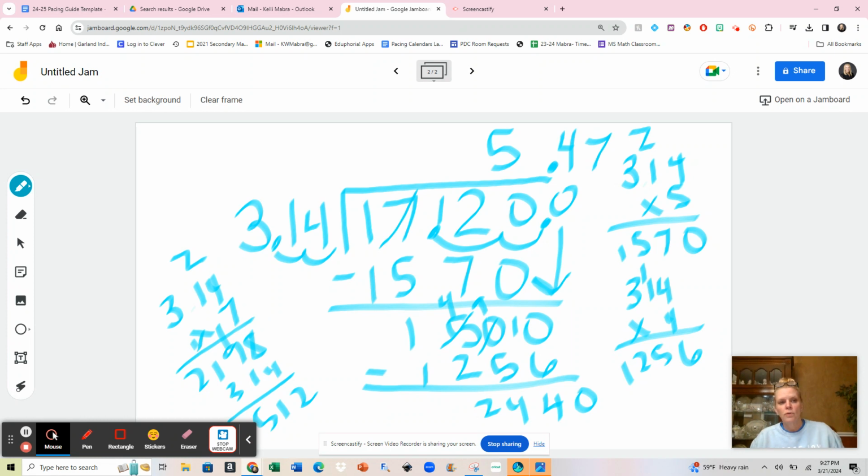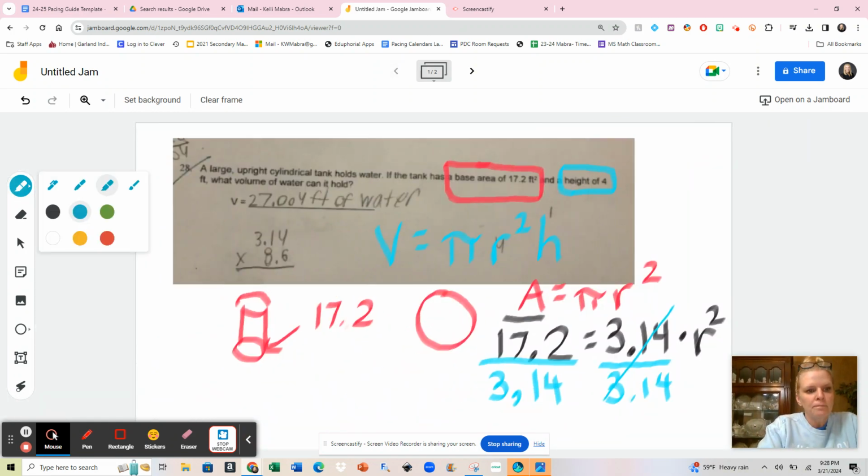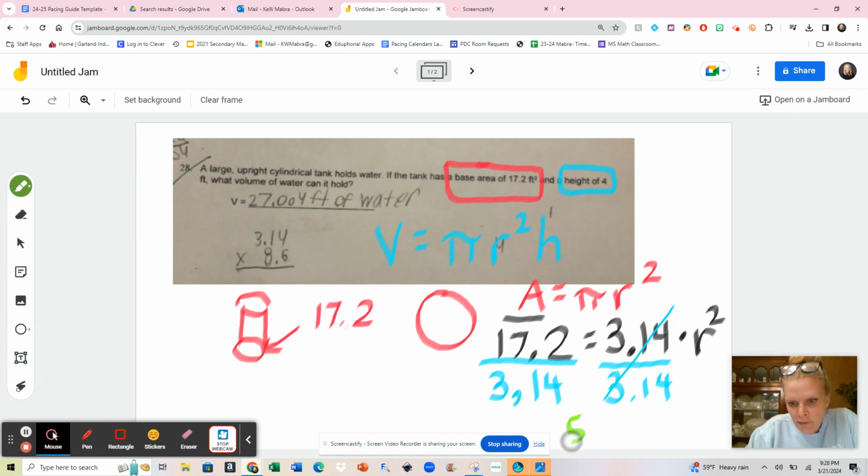All right, so let's go back to that original question. 17.2 divided by 3.14 is going to give me 5.47, which is equal to my radius squared.